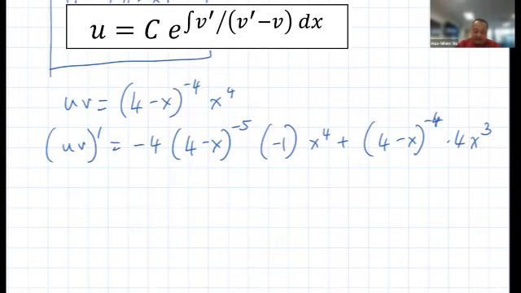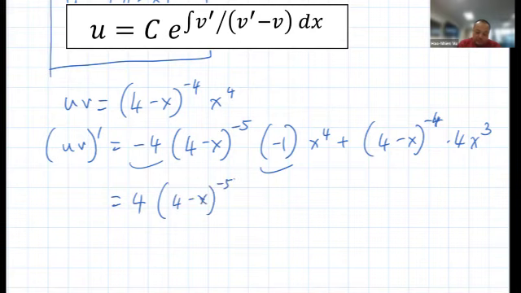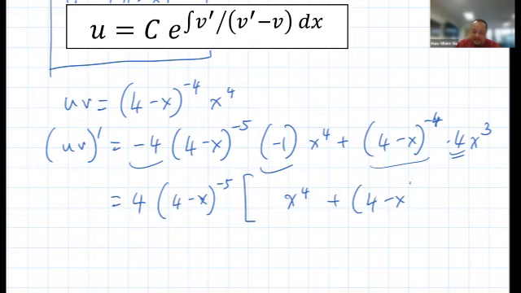Let's simplify this. Negative 4 times negative 1 is a positive. And I can factor out a 4 minus x to the negative 5 on both terms. From the first term, I have x to the 4th left. On the second term, I have a 4 that comes out, and a regular 4 minus x is left.